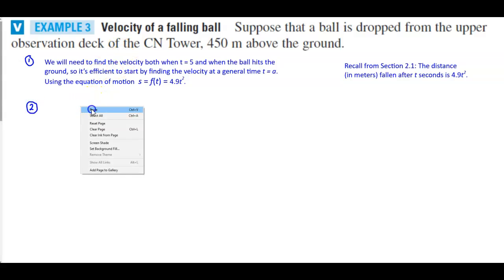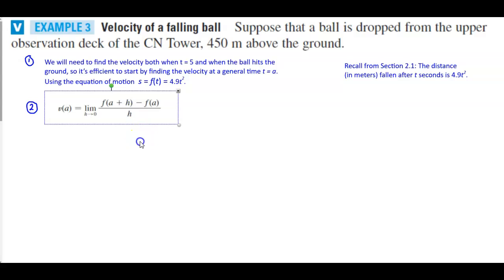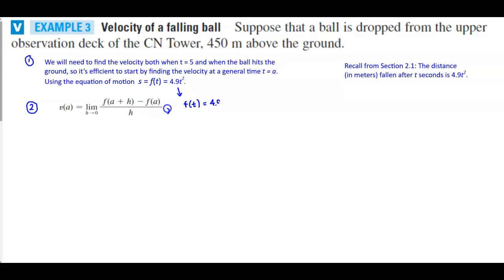So now, since we're dealing with velocity, we're going to use the formula for the velocity, which is the limit as h is approaching 0 of f of a plus h minus f of a over h. So now from the equation of motion, we know that f of t is equal to 4.9 t squared.